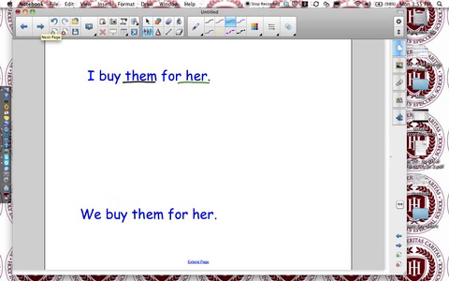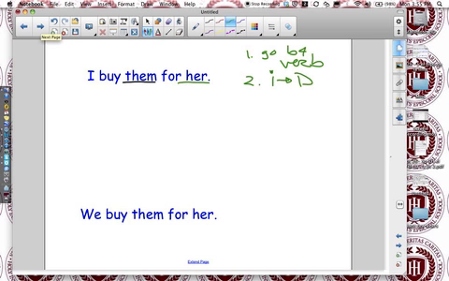Two things we need to know. One, the pronouns always go before the verb, which we should know already. But second, we need to know the order. And the order, when we have double object pronouns, always goes indirect, then direct.